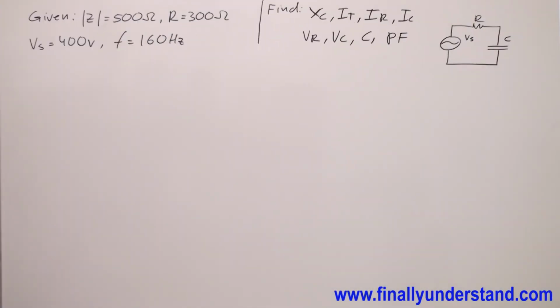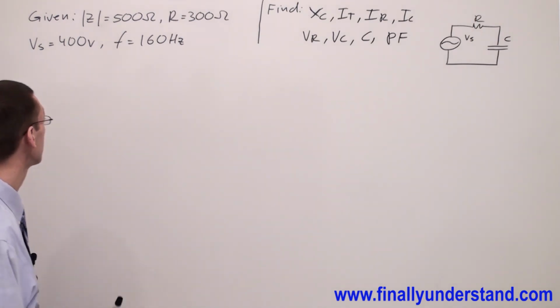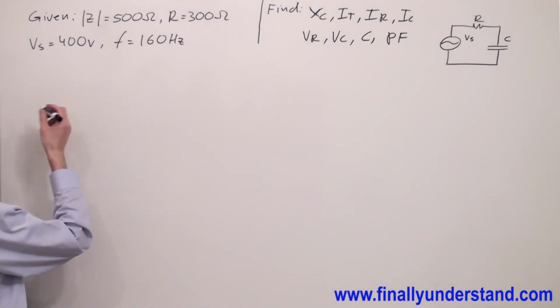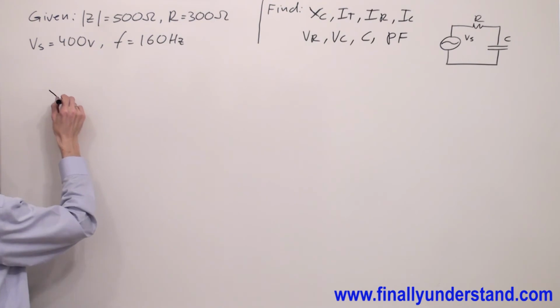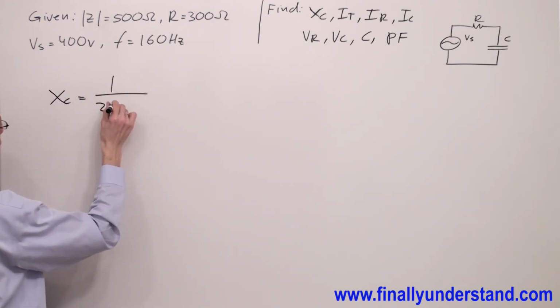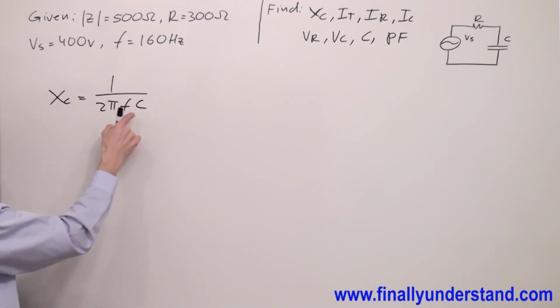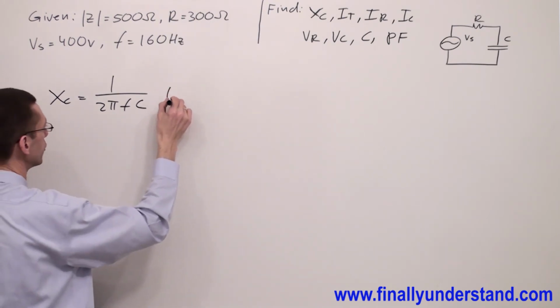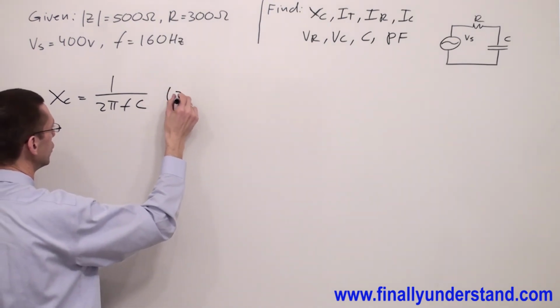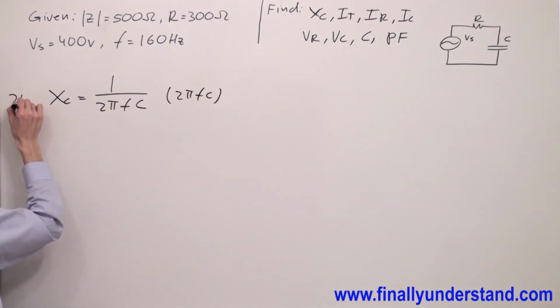Now we're supposed to find capacitance. In order to find capacitance, I'm going to use the formula for the capacitive reactance, which says XC is equal to 1 over 2 pi fC. I have to solve this formula for C. In order to find C, I have to multiply both sides of my formula by 2 pi fC.